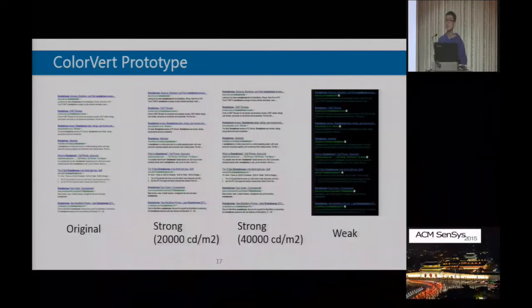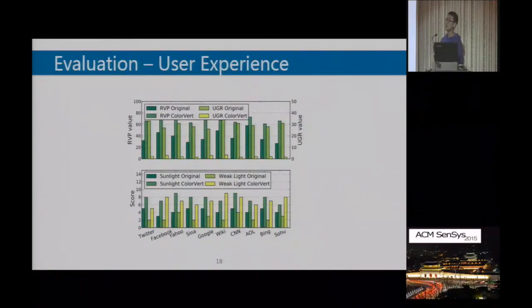We have this confidence because we conducted a further survey to prove it. We gathered the volunteers again to do the same experiment as we did before, but this time we showed them the smartphones with the system ColorVert, and here is what we got.